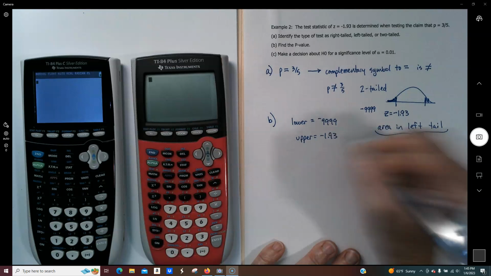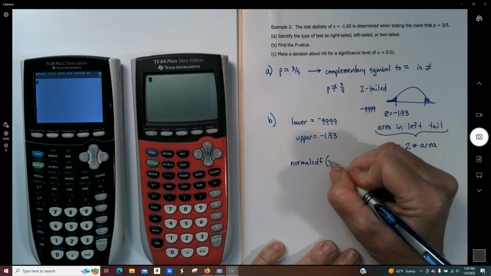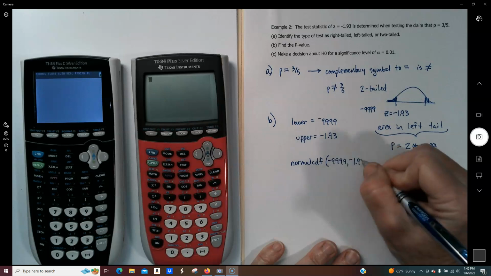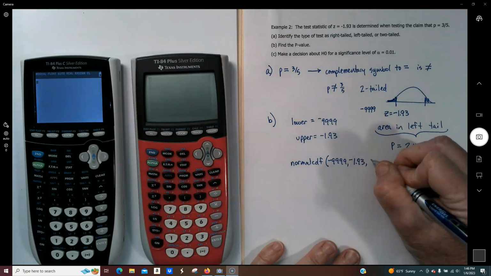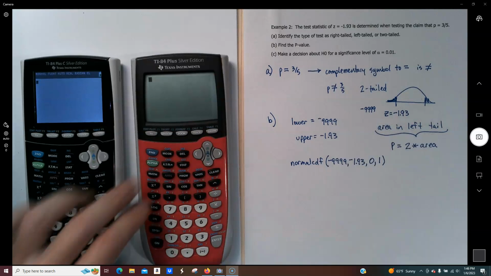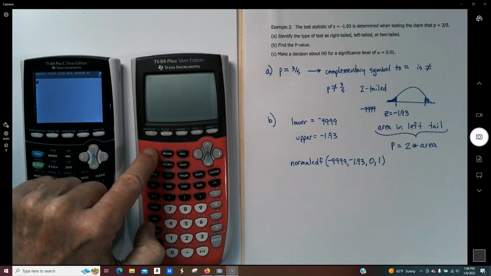So again, what we're going to do is go to normal CDF, and we'll be going from negative 99.99 up to negative 1.93. And again, we can type in our default values of a mean of 0 and a standard deviation of 1. So on the older version of the calculator, second variables, 2 for normal CDF.